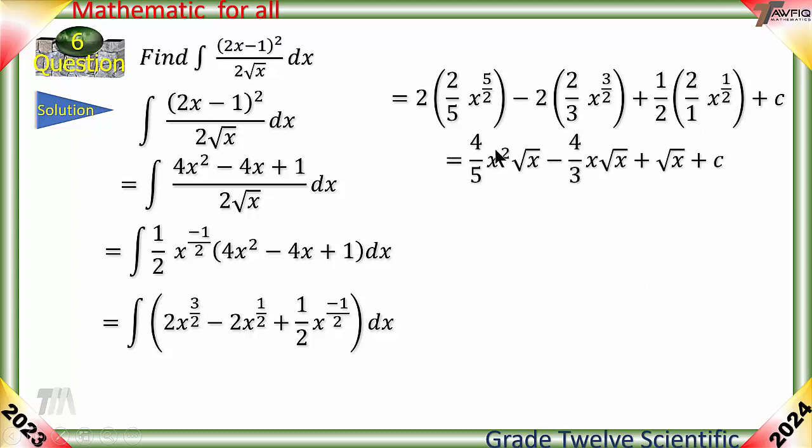Simplifying, it becomes 4 over 5 x squared square root of x minus 4x over 3 square root of x plus square root of x plus c.